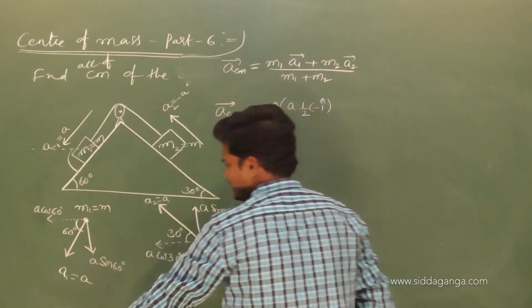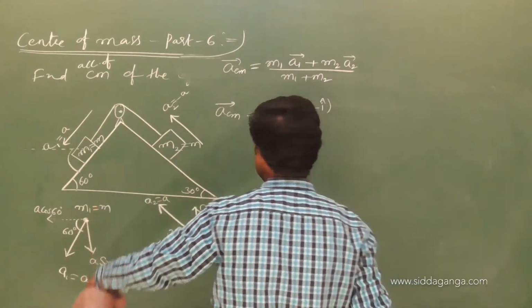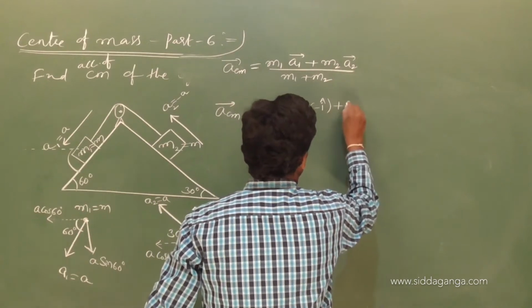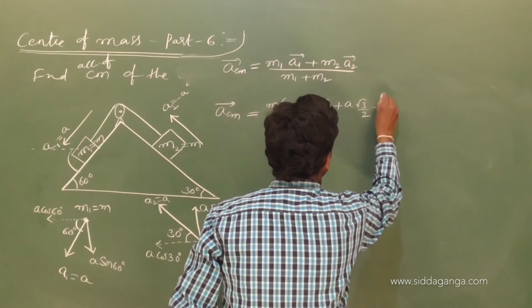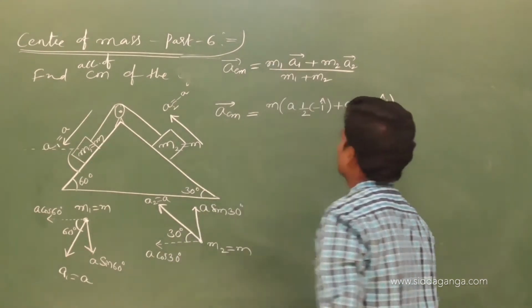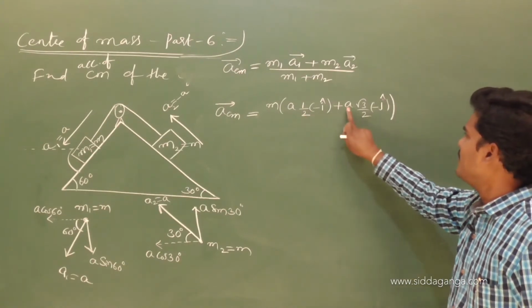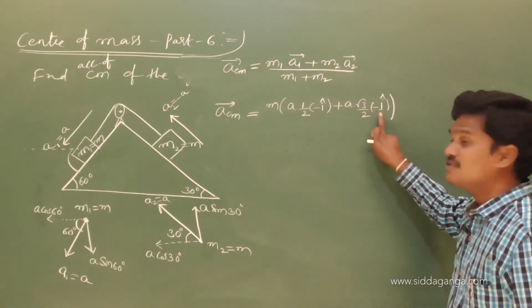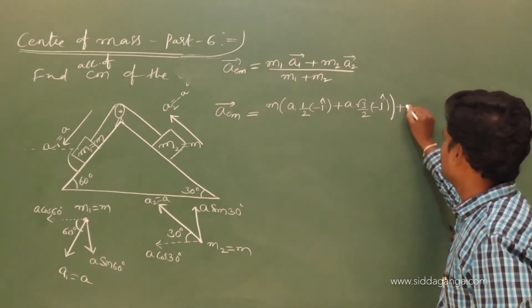One more, A sin 60 minus j cap, that is root 3 by 2 minus j cap. So this is a1 bar completed.